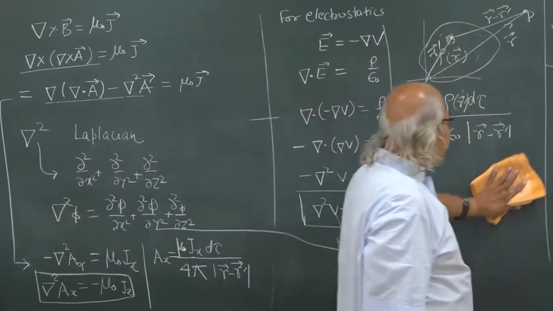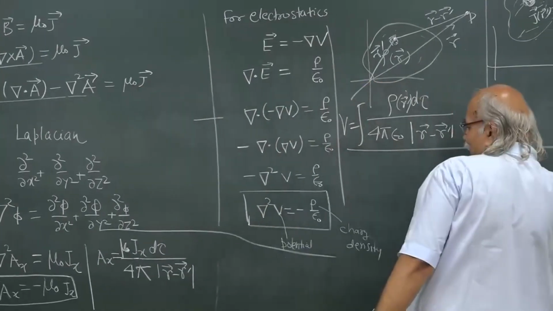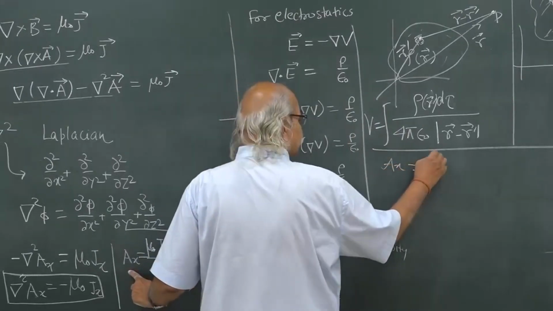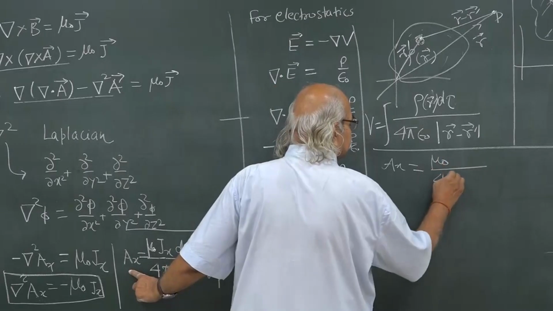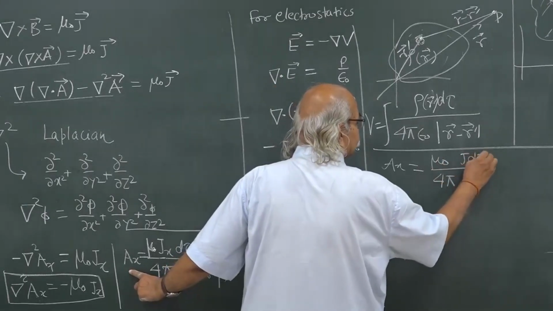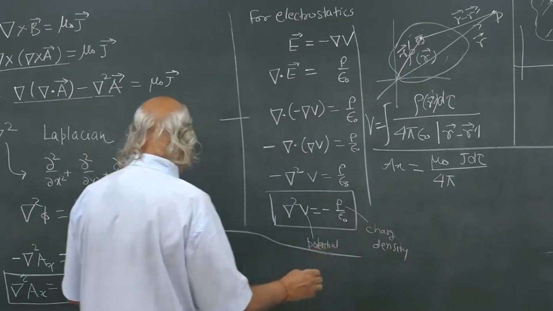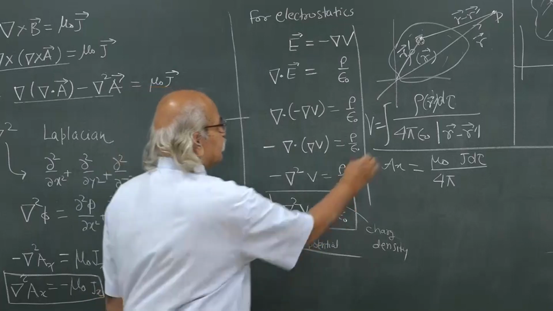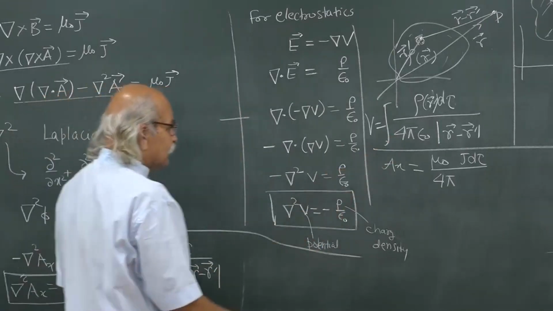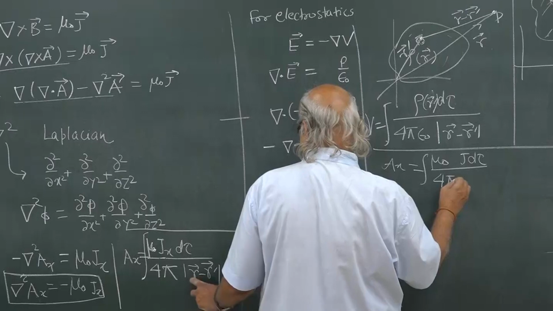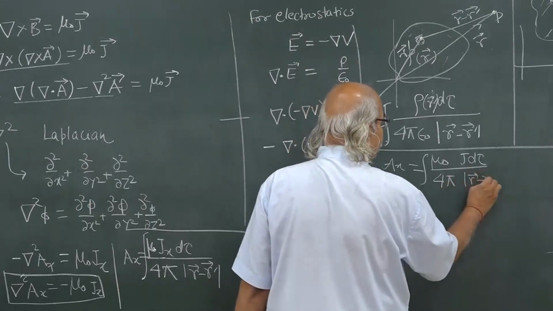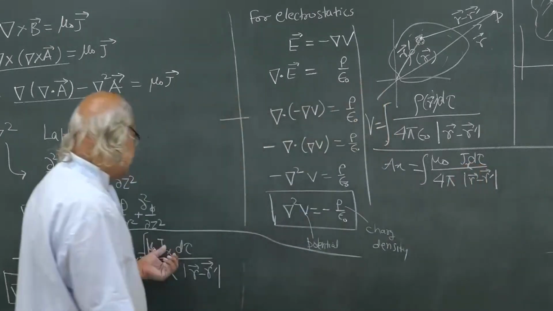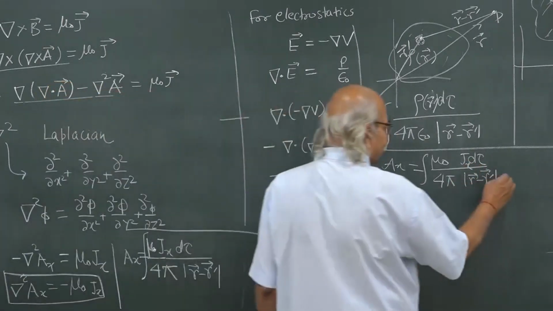So, if I combine all these three, can I write an expression? Your A x is the integration of mu naught by 4 pi J x d tau divided by r minus r prime. This is A x. What is A y?